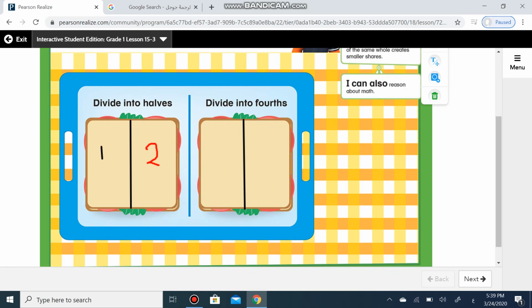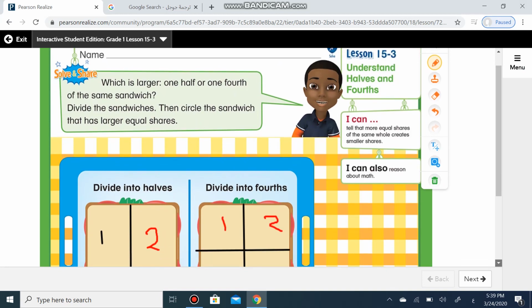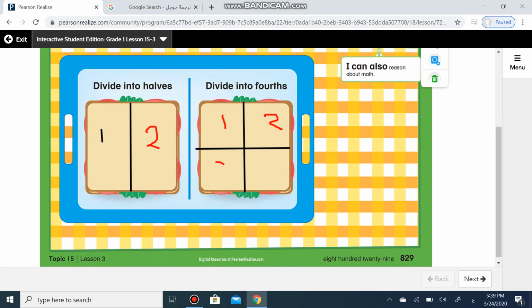I want to divide it into 4 equal shares. Great. I have here how many equal shares? 4. Very good. 1, 2, 3, 4. Now, listen to me and answer the questions, please.